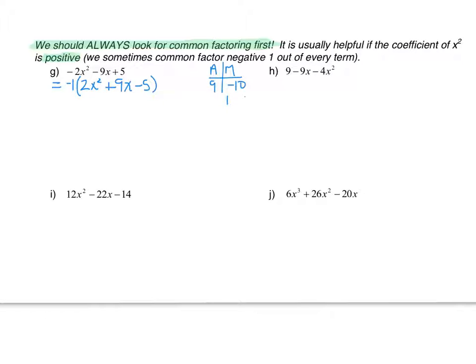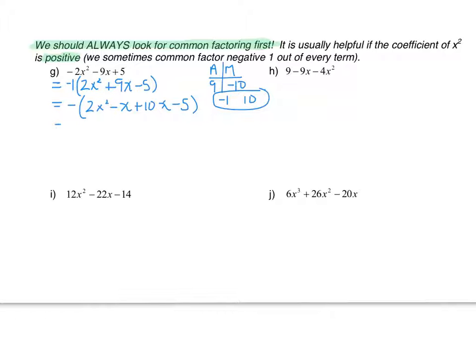So 1 and 10 multiply to 10, and I'm going to make the 1 the negative, and there it is. That's the combination that adds to positive 9. So I don't need to check any further combinations. So I'm going to break down that 9x to be a minus x and a plus 10x, and then we still have our minus 5 on the end.